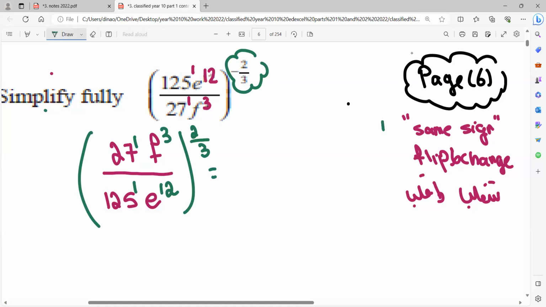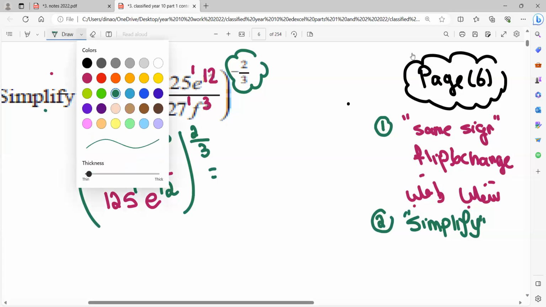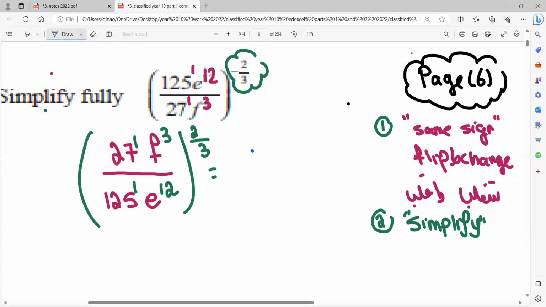So we did the same sign check, and then عملنا شقلب وقلب. Step number 2 is to see if there is any chance of simplifying. As we did in the previous example, there was a chance of simplifying the letter Y, if you remember. طيب هنا, do you think there is a chance of simplifying?